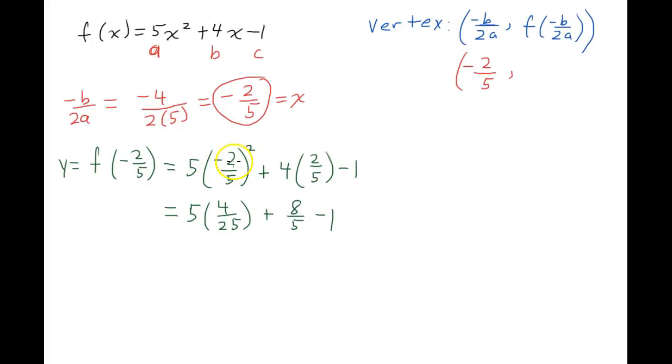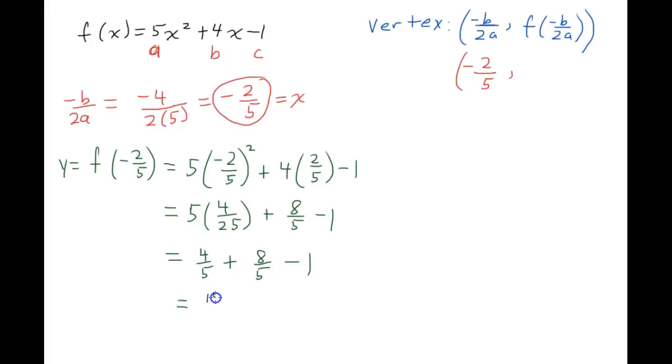We have negative 2/5 times negative 2/5 because it's squared, which equals a positive 4/25. And then plus 4 times negative 2/5 is negative 8/5, and then we still have the minus 1 tagging along.